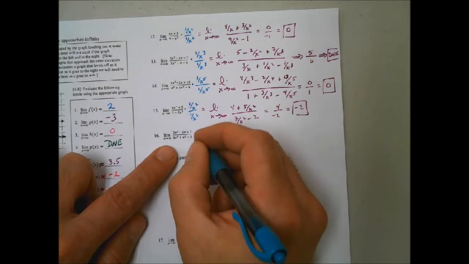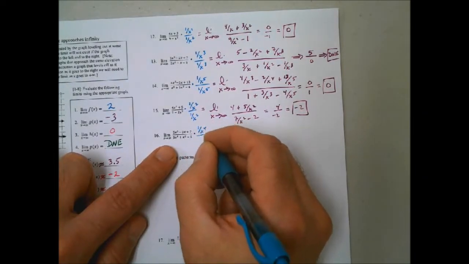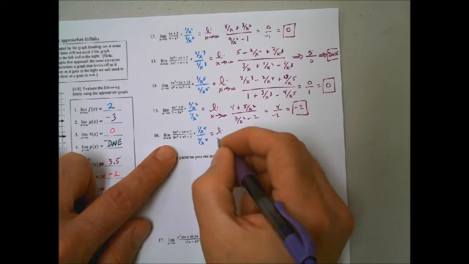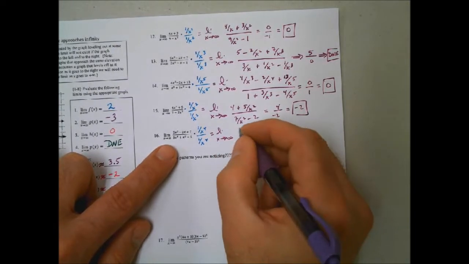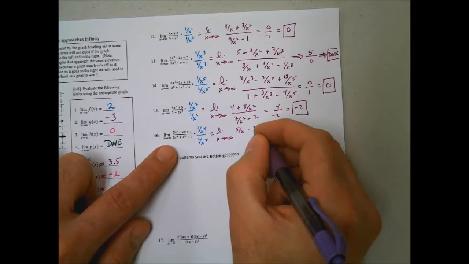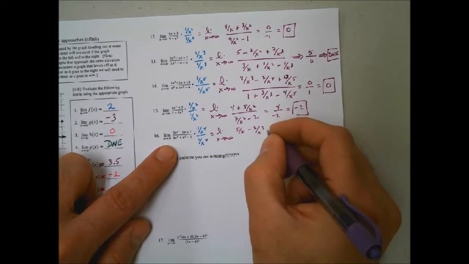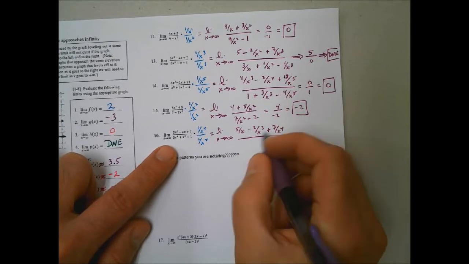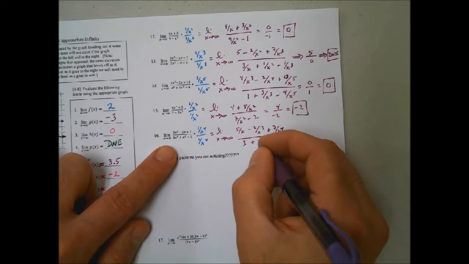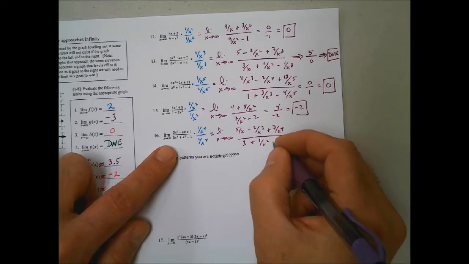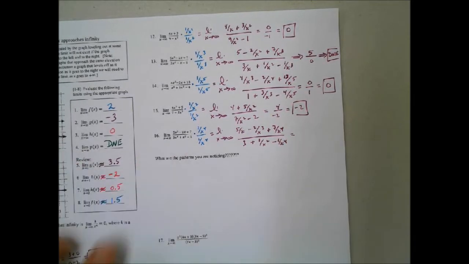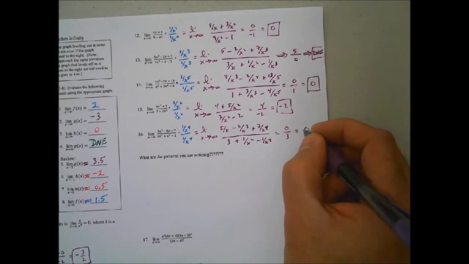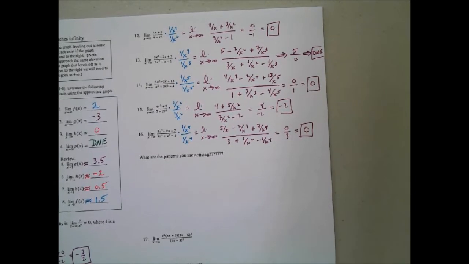So multiplying top and bottom by 1 over x to the fourth, I would get the limit as x goes to infinity of 5 over x minus 2 over x to the third plus 7 over x to the fourth, all over 3 plus 1 over x squared minus 1 over x to the fourth, which is 0 over 3, which is 0. Is that what you were thinking? Hopefully that's what you were thinking.